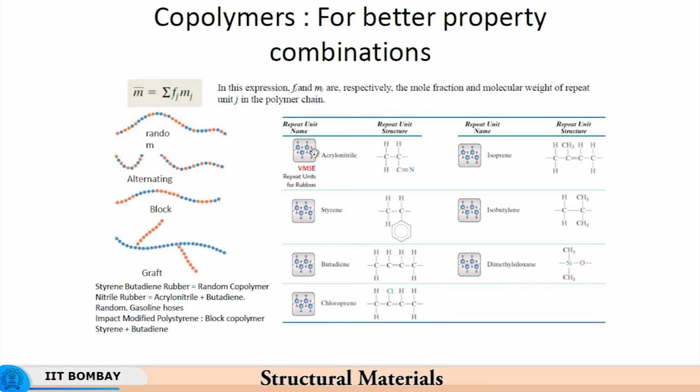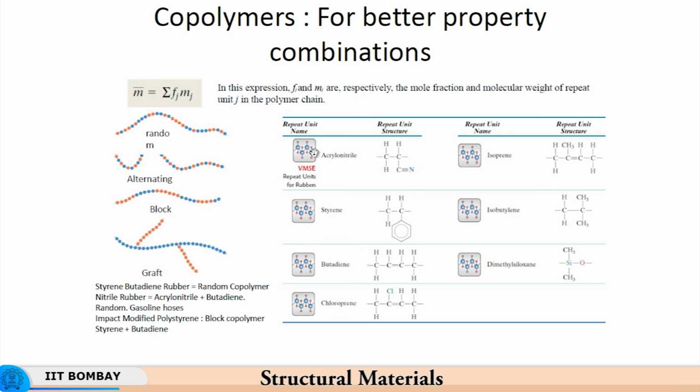Similarly, here you have a block structure, and you have a graft structure where this is fully polymer, this is fully copolymer, and again it is very difficult to align these.